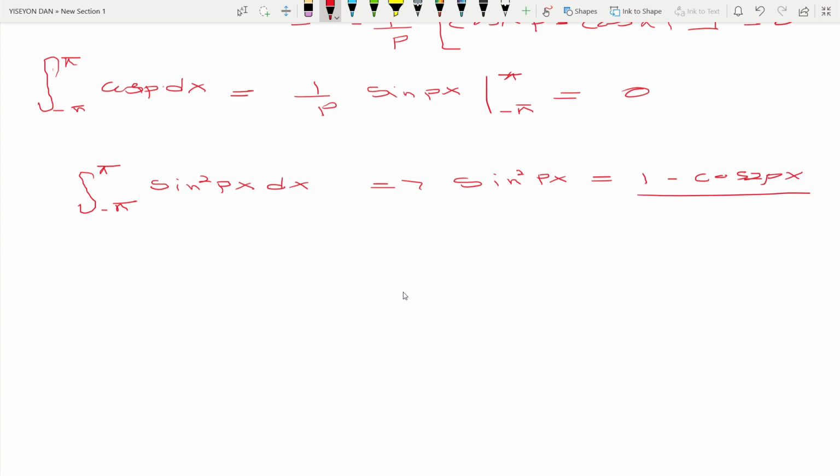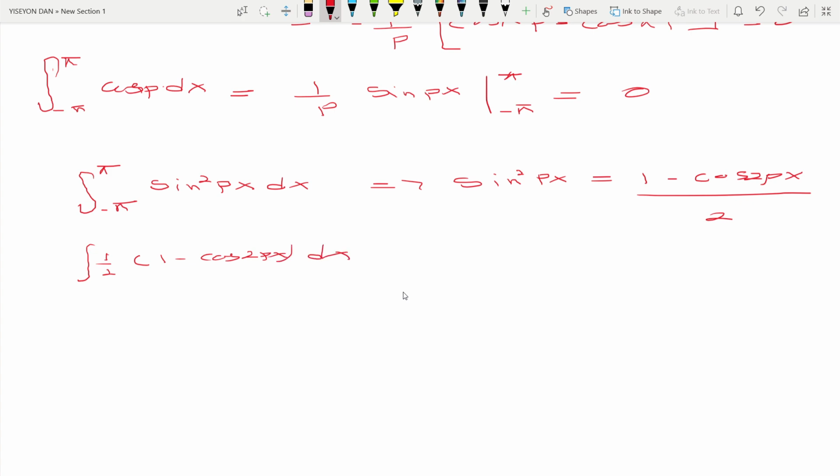So we substitute it, and we have the integral of 1 over 2 times 1 minus cos 2px dx.